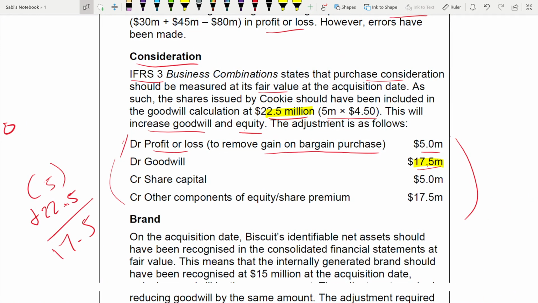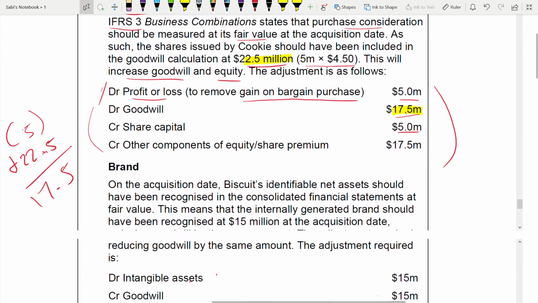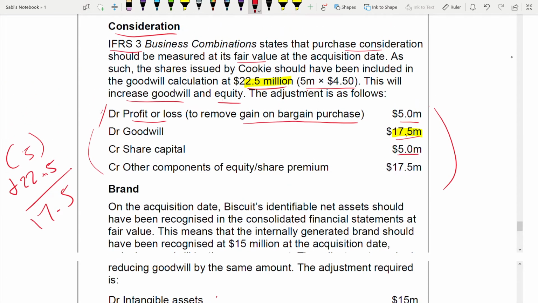Then credit where? Share capital. Very simple, 5 million, because you are issuing 5 million, one ordinary share each. So 5 into 1, 5 million. And what about the rest? Remember, it was 22.5, but out of 22.5, only 5 million is share capital.